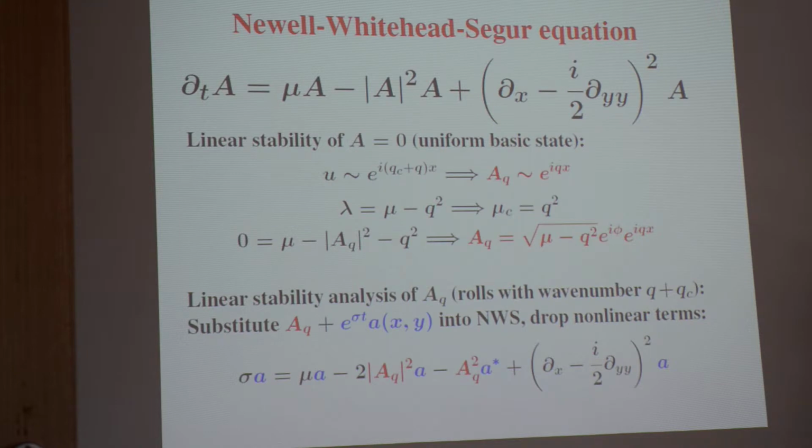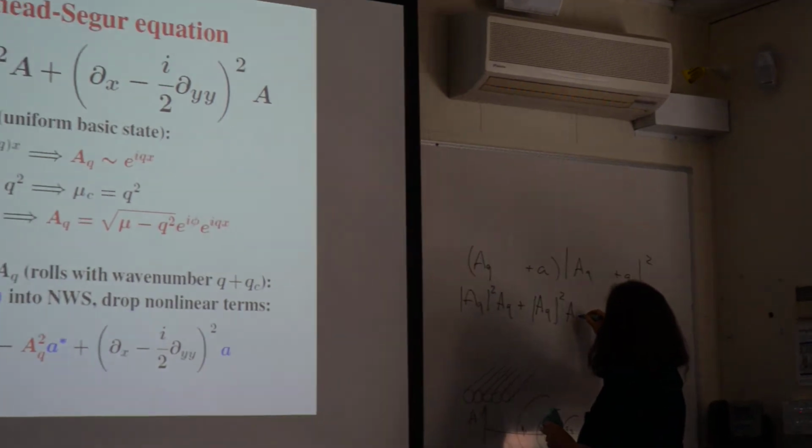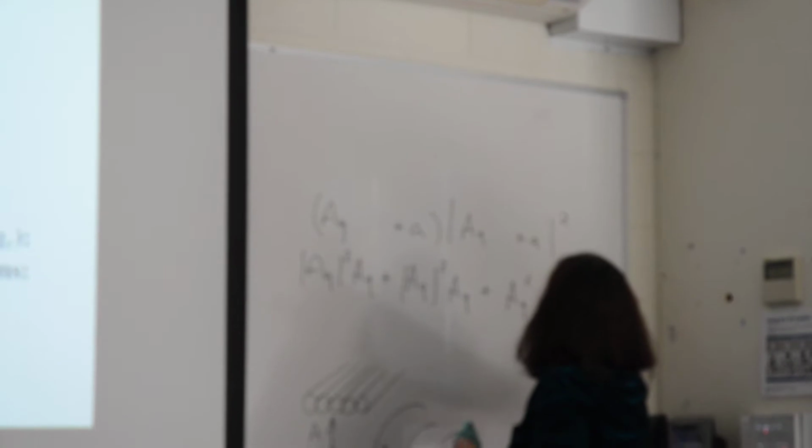Let's see, am I going to get in trouble like before? I think everything is supposed to be multiplied by an e to the iqx in front of everything. Well, let's see what happens. Anyway, we get AQ squared AQ. We get AQ squared AQ.